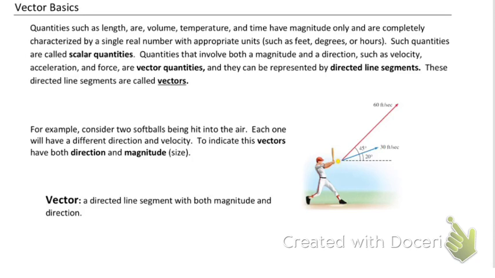The length of the vector is really important because that's actually keeping track of our velocity. In this scenario, the harder you hit the softball, the longer the vector is going to be. So a longer vector indicates a higher velocity. So that is why this one is longer.